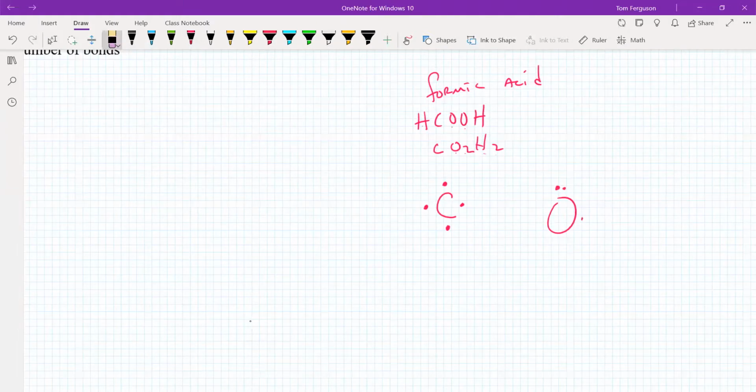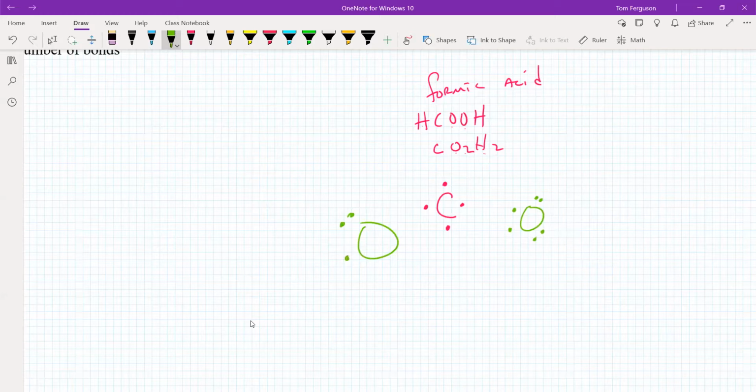Let's do it in a different color. Now we can stick it anywhere we want. Doesn't matter. I'm just going to put one on each side.